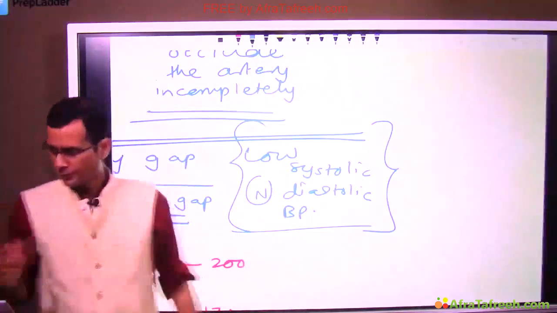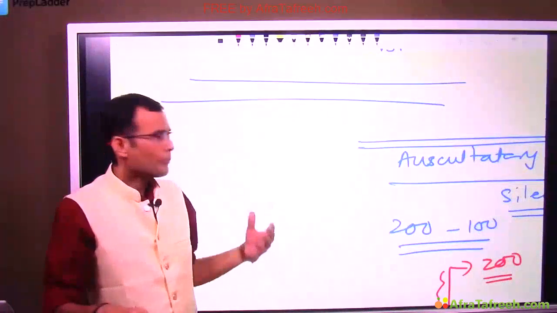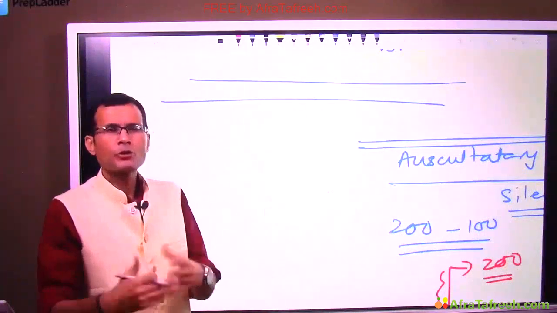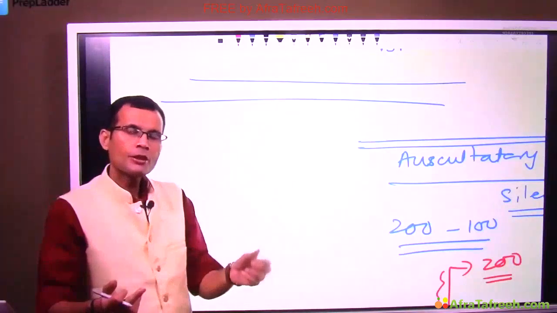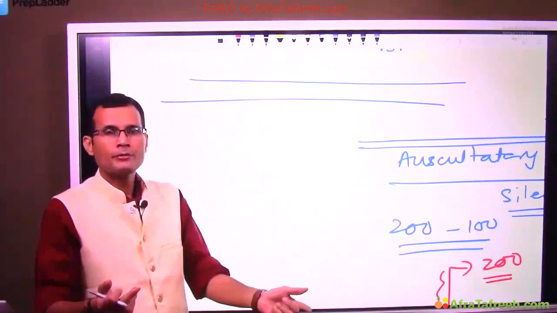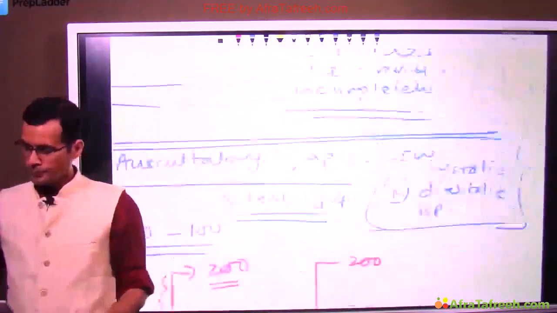That's an error. The reason for silent gap is not known. They say atherosclerosis, and therefore blood flow changing from turbulent to laminar to again turbulent. That's one possibility. Reynolds number going up and down.